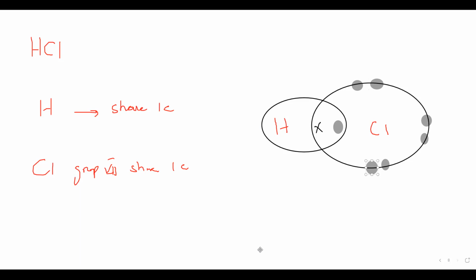The important thing is you should understand the group number, and using the group number, if it is group 4, it will share 4 electrons. If it is group 5, it will share 3 electrons.